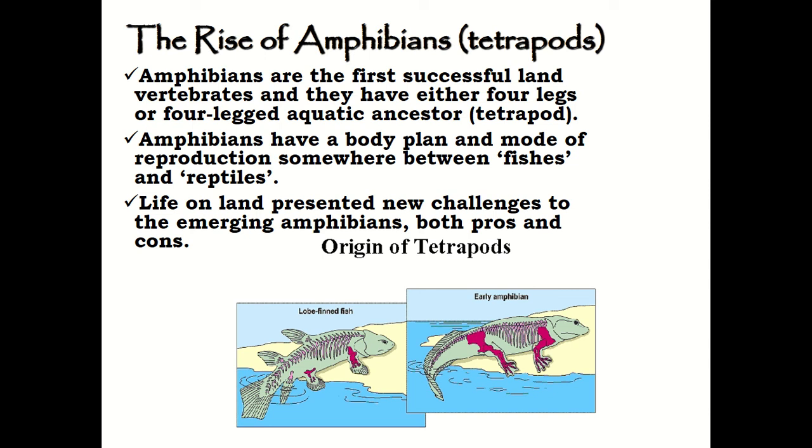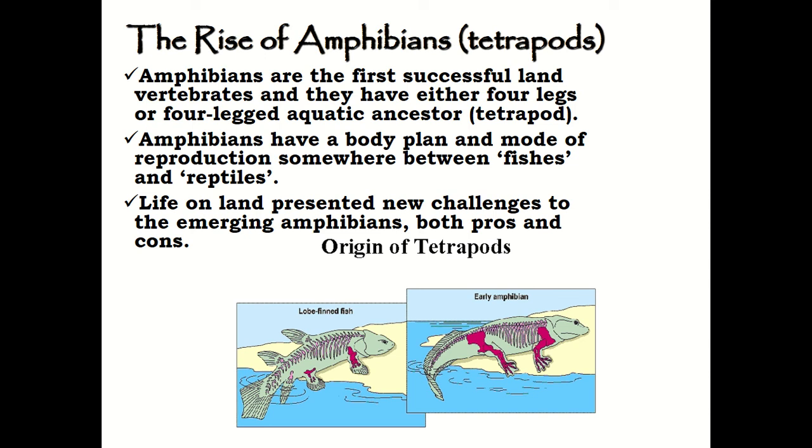Amphibians are the first successful land vertebrates, and they have either four legs or a four-legged aquatic ancestor, the tetrapod, which came from the osteichthyes.